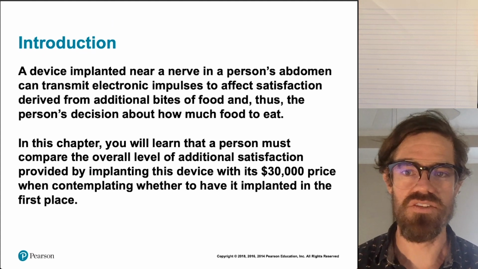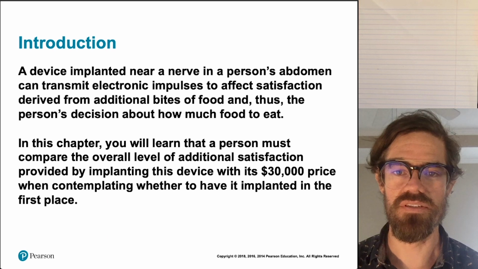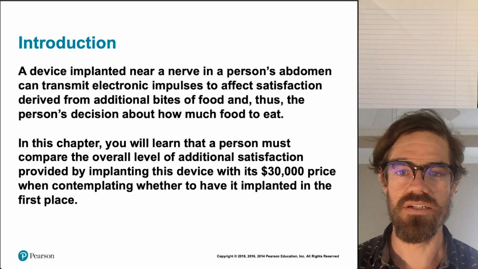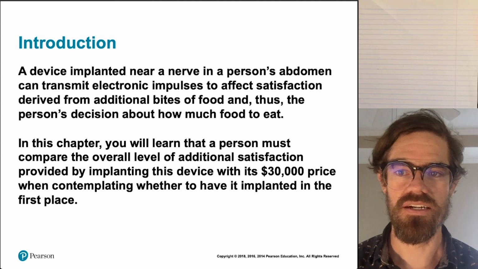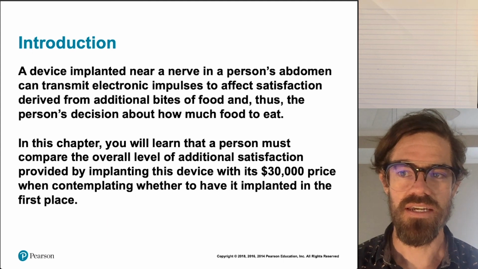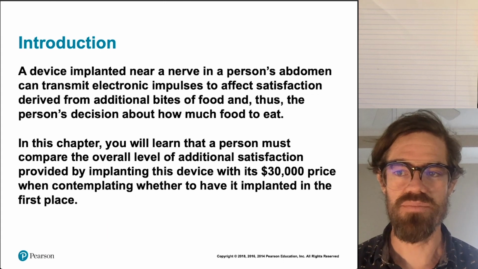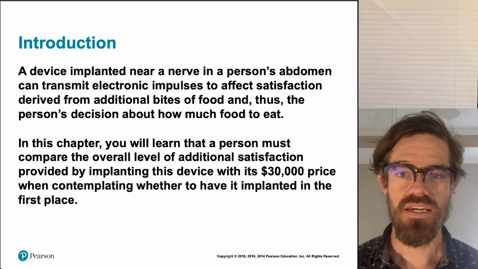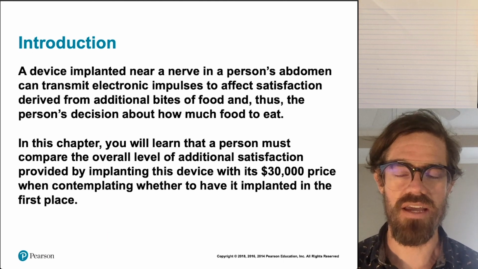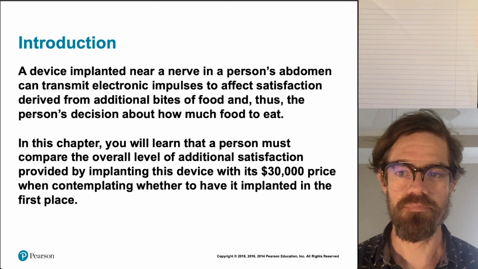As a little bit of an introduction, something to think about as we get into this material: there's a device that can be implanted near a nerve in a person's abdomen, which transmits electronic impulses to affect satisfaction derived from additional bites of food, and thus the person's decision about how much food to eat.